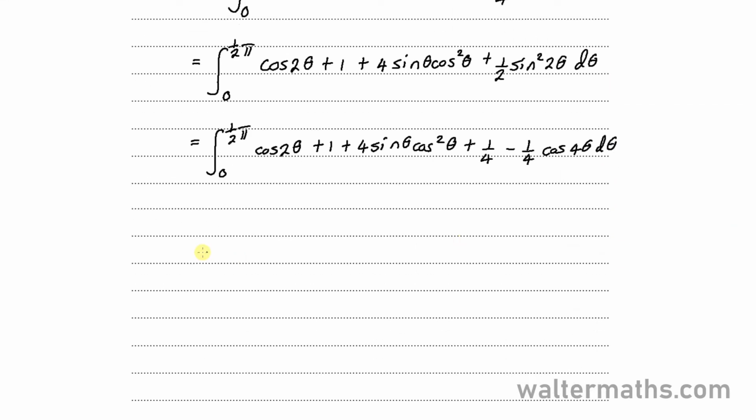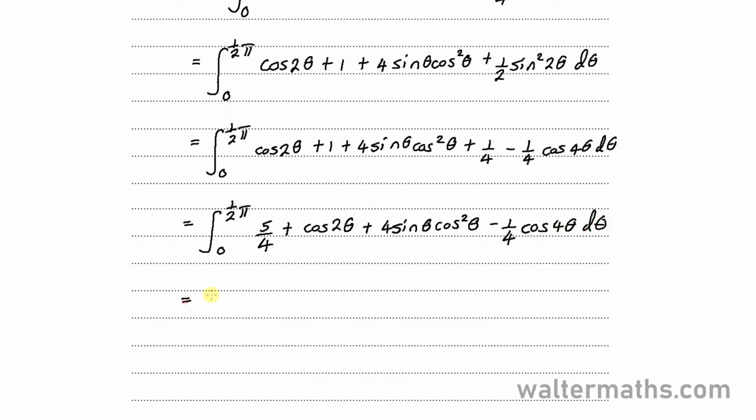So one more step before we integrate. So that's the integral from 0 to a half pi of, here we have 1 plus a quarter, which is 5/4, and it's plus cos 2 theta, and it's plus 4 sine theta cos squared theta, and it's minus a quarter of cos 4 theta with respect to theta.